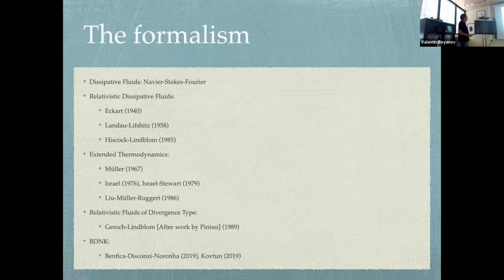But then Hiscock and Lindblom showed that these theories were ill-posed, because if you took some velocity field that was not well behaved, you would get into trouble. We understand that today, but at the moment it was not understood. Basically these two theories are, in spirit, parabolic.